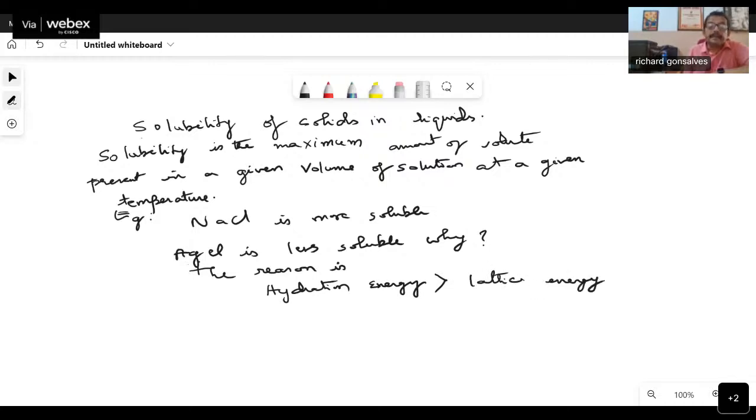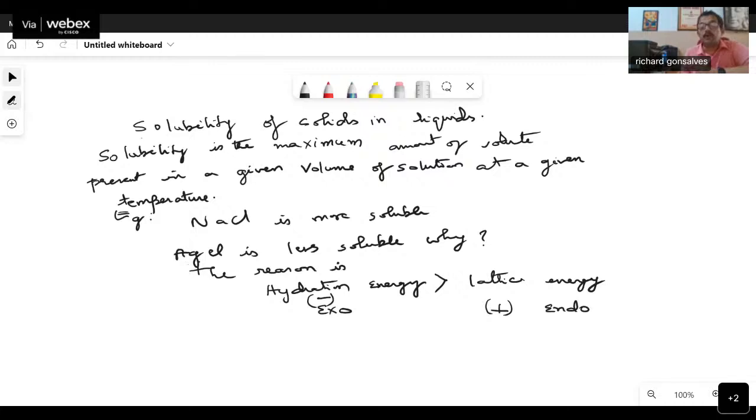Hydration energy is exothermic, negative. Lattice energy is endothermic. This is exo, this is endo. If the energy liberated is more than the energy absorbed, then it is soluble.